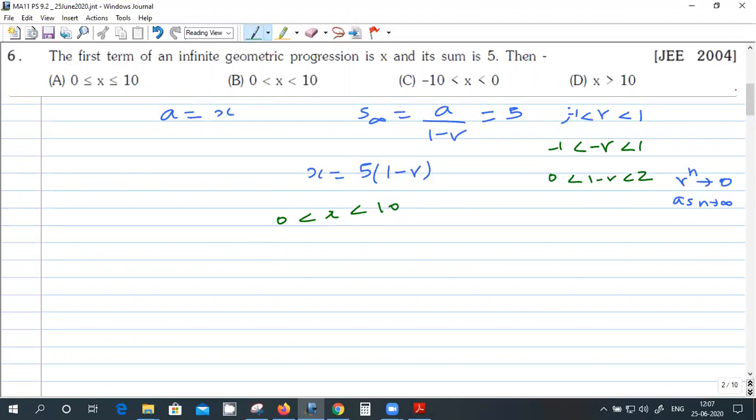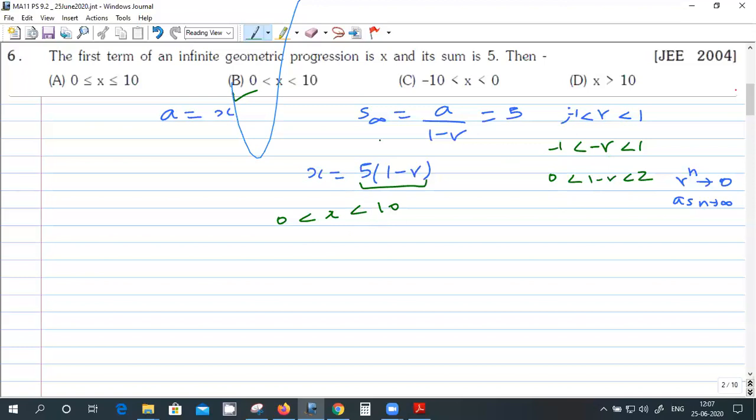Sir, is it B? R is varying from -1 to plus 1. So you can say 1 minus R will vary from 0 to 2. Or before that you can say minus R varies from -1 to 1. So 1 minus R will vary from 0 to 2. So X will vary from 0 to 10.